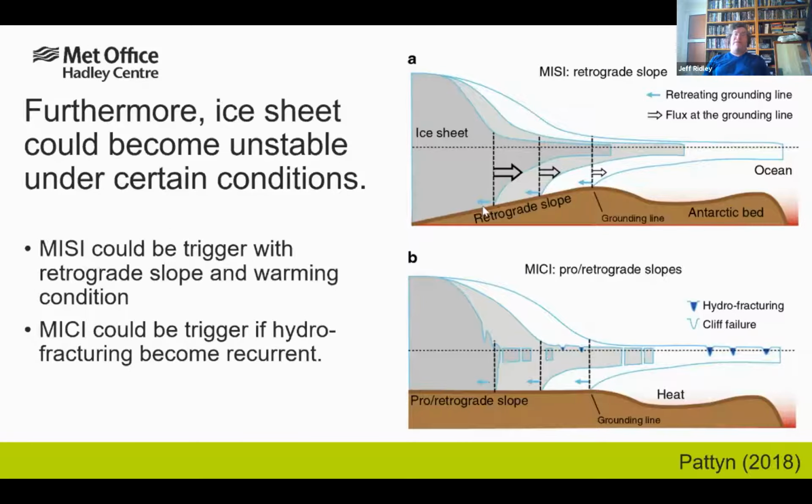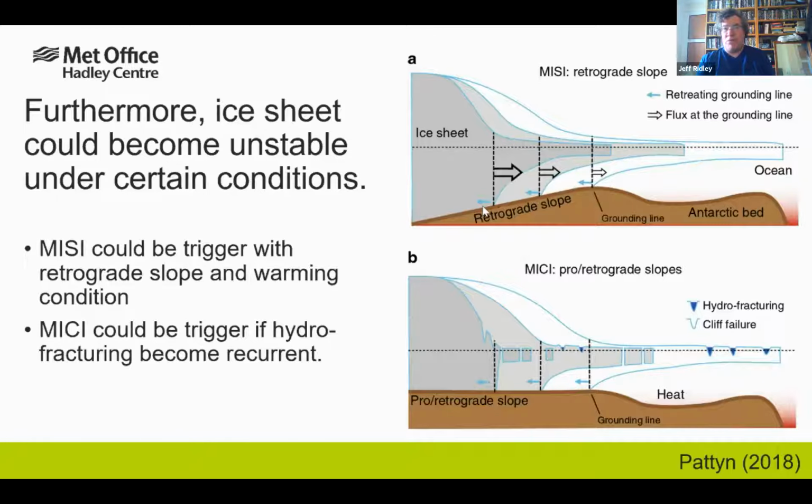Because even if we get the warmth in the wrong place, for example, then there are these unstable situations where you have marine ice sheet instability and marine ice cliff instability, which could be triggered depending on atmosphere and ocean biases.